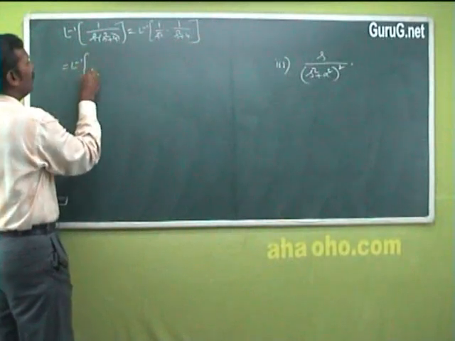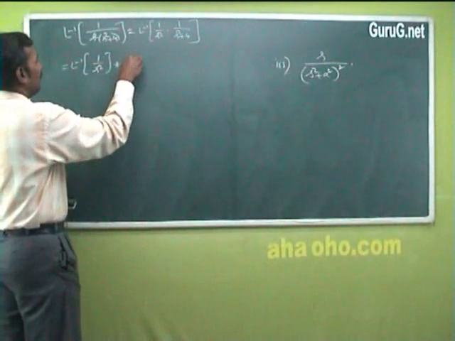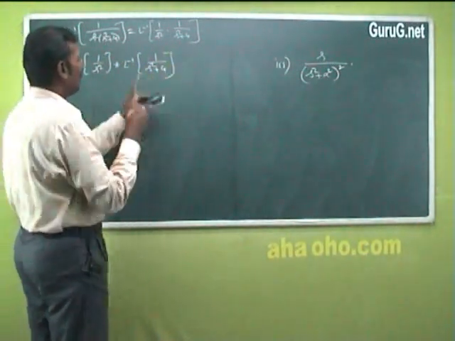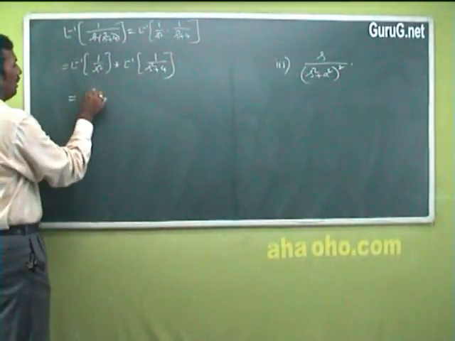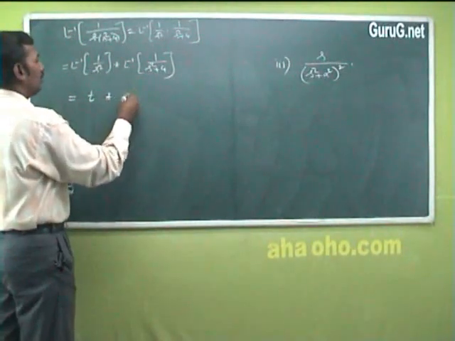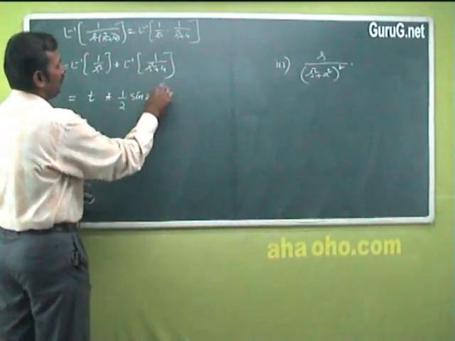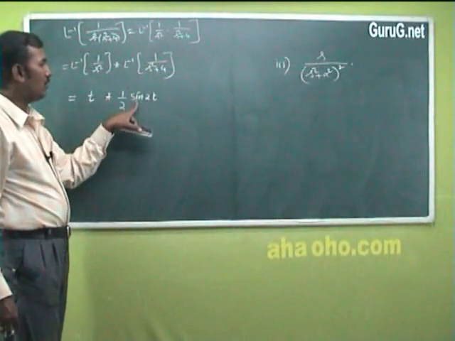L inverse of 1 by s squared star L inverse of 1 by s squared plus 4. So the integral converts into a star. What is the formula for 1 by s squared? It is t, star, and this becomes 1 by 2 sin 2t. So 1 by s squared plus a squared is 1 by a sin at, so 1 by 2 sin 2t.